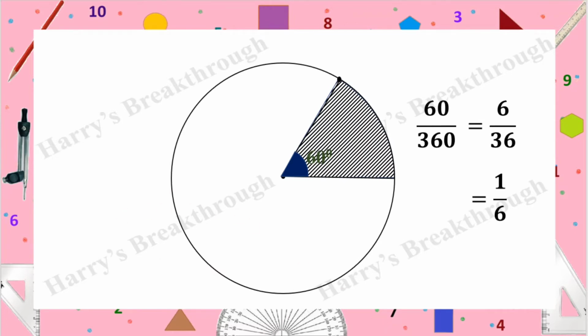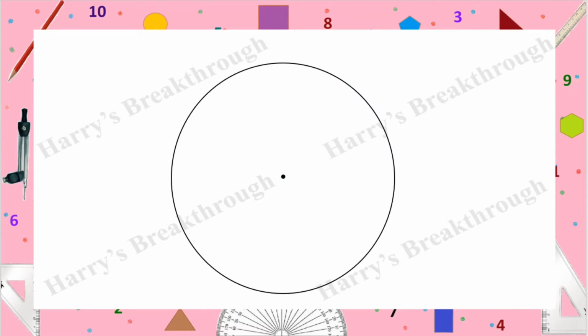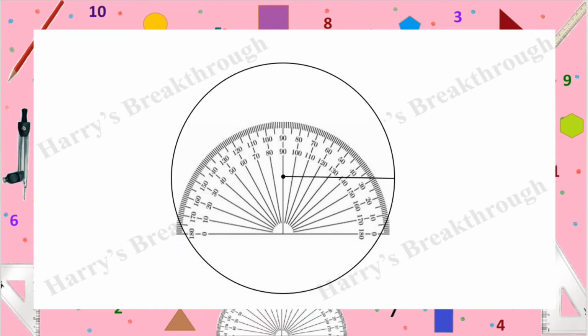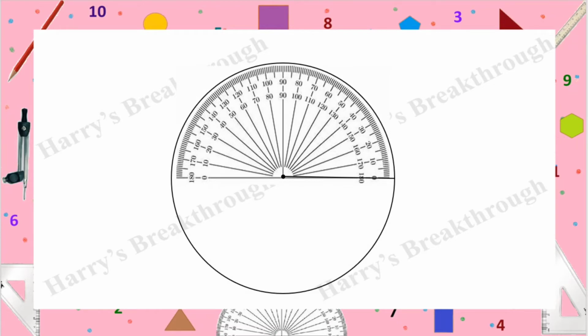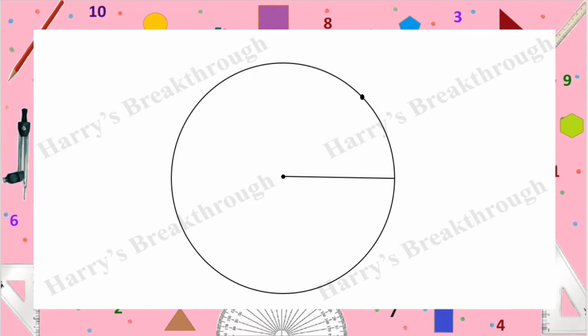Now let's do another activity. Here draw a circle and draw one radius. Now place your protractor and measure 45 degrees. So you got a 45 degree angle. And do you know how much part this 45 is of the total?